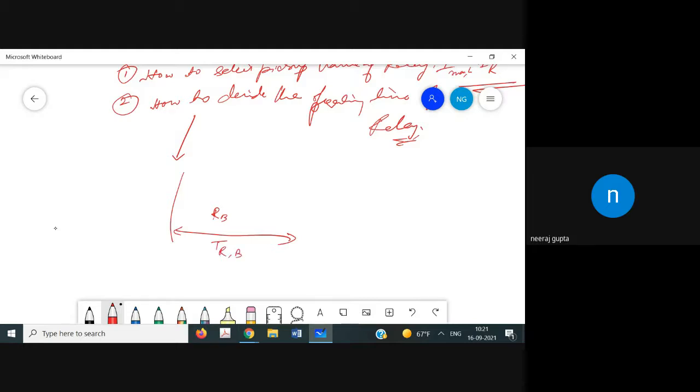Now, operating time is there. After that, a certain amount of time is required for the circuit breaker to operate. So then we will have the circuit breaker time, which is represented by T circuit breaker.